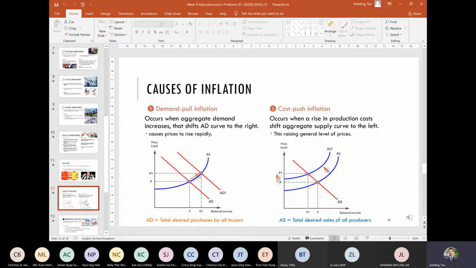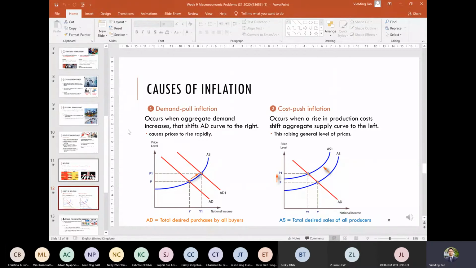If the inflation is caused by an increase of aggregate demand, we call this type of inflation demand pull inflation. If the inflation is due to the reduction of aggregate supply, which increases the price level of the goods or services in the country, then this inflation is called cost push inflation.